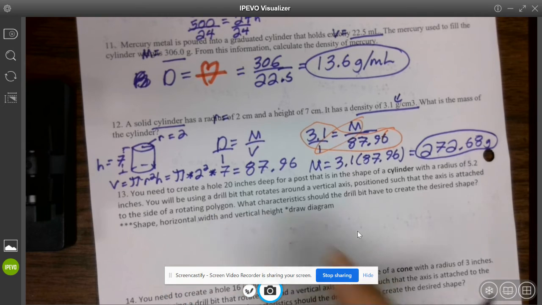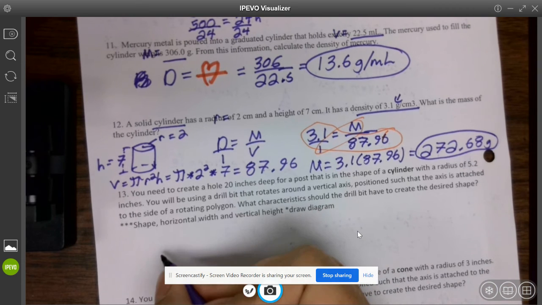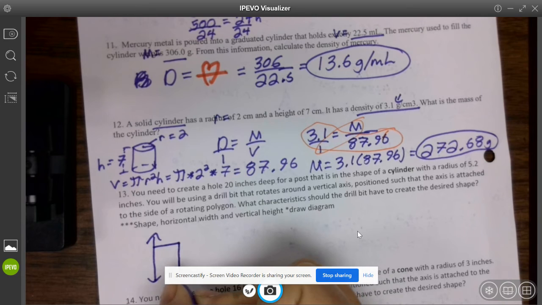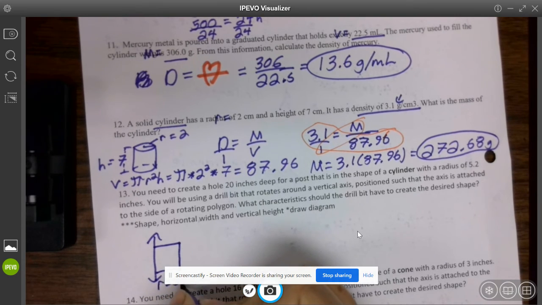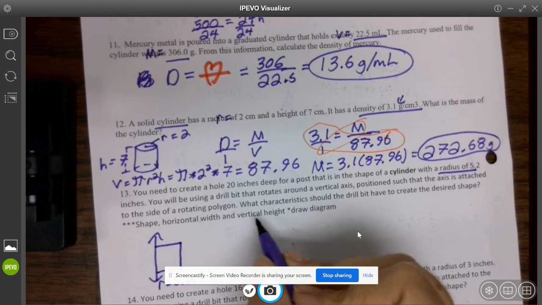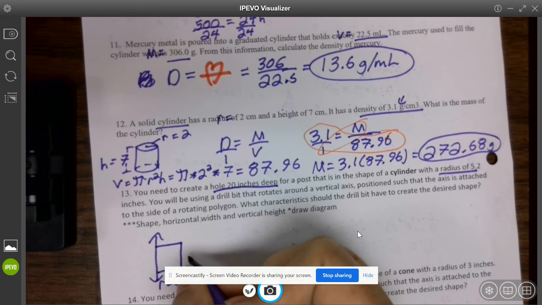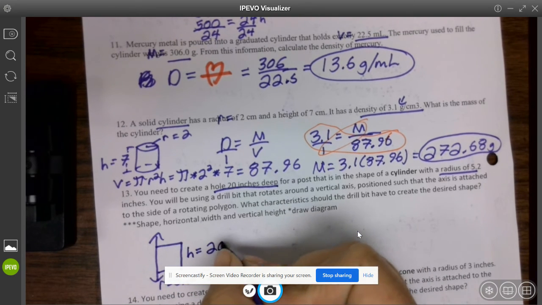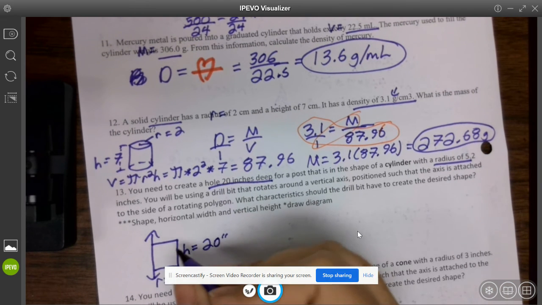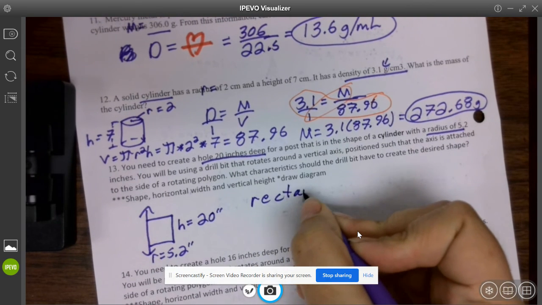Okay, it says you need to dig a hole for a post that's the shape of a cylinder with a radius of 5.2. You'll be using a drill bit, everybody, so it'll be like this. So our radius is 5.2, and 20 inches deep. So our height's going to have to be 20 inches. What shape should it be? It's going to be a drill bit, everybody. Remember, that's for a cylinder. So it's going to have to be a rectangle.